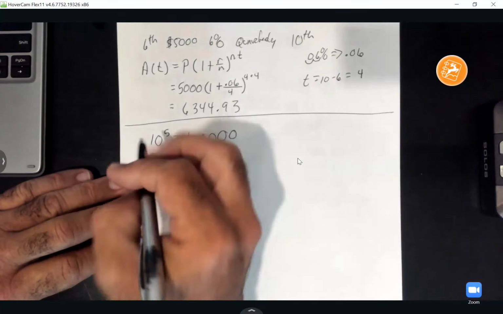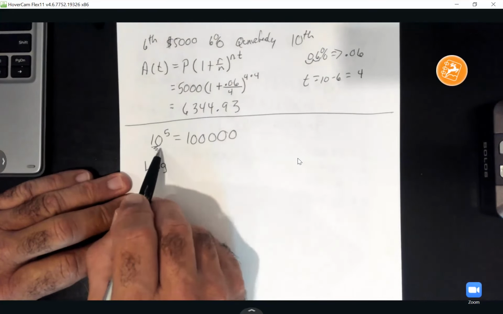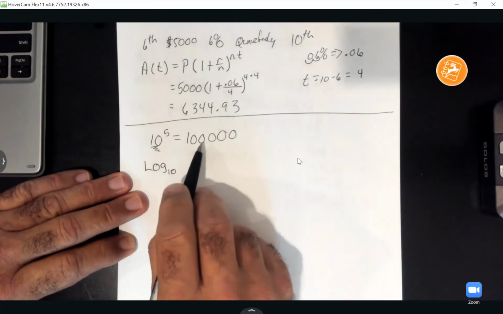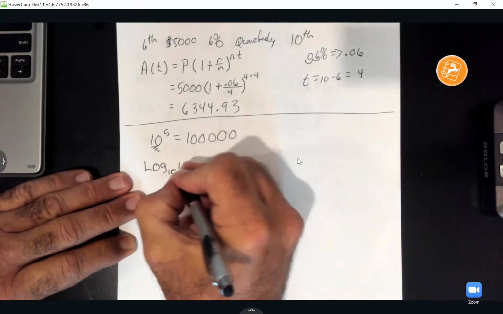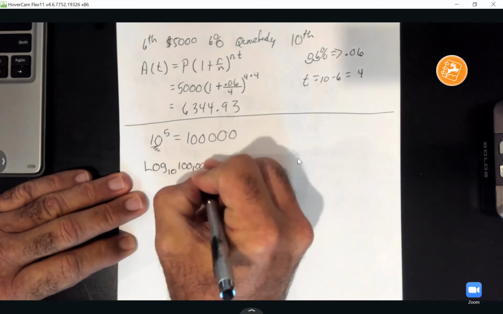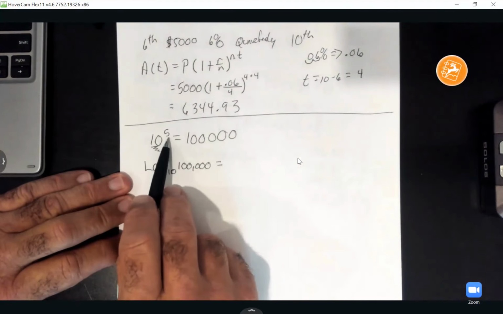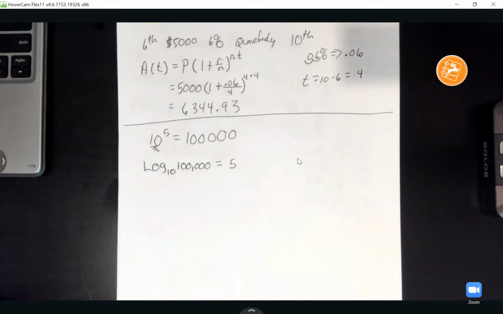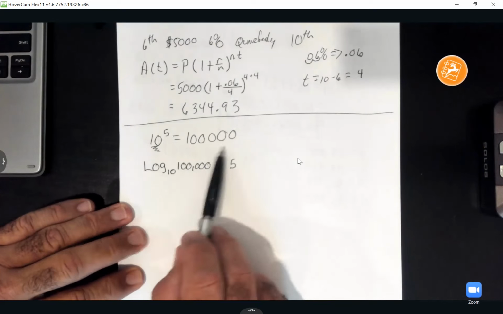The base of the log is the same thing as the base for the exponential. So your base will be a 10. Your result will be whatever's on the right side of the equals. Mine is 100,000. That's going to equal the exponent, which is the 5. So the only thing different for us will be the 5 and whatever amount of money they give you here.